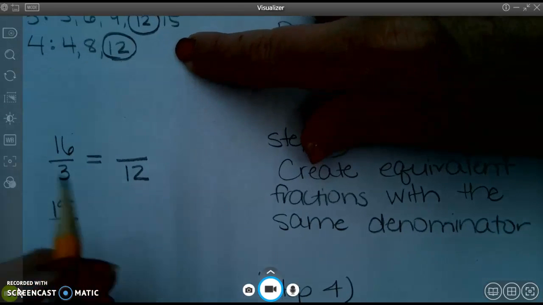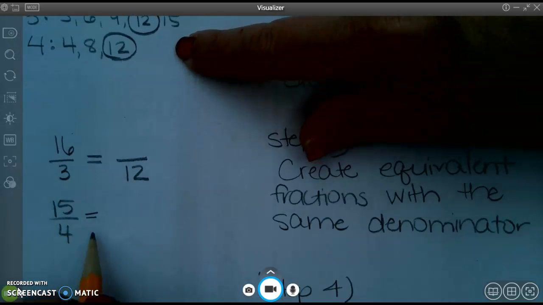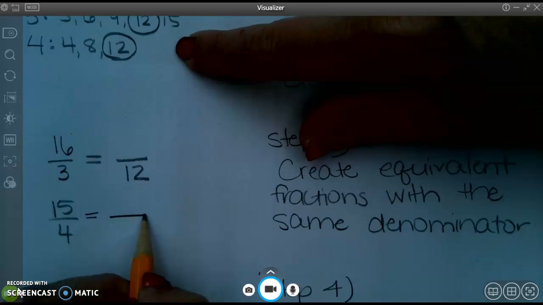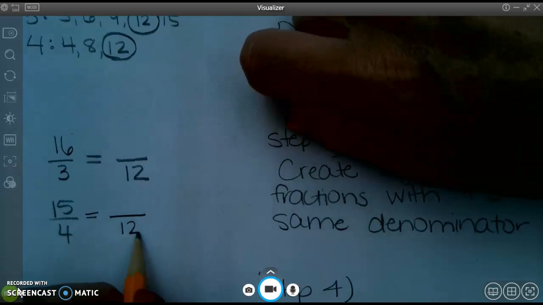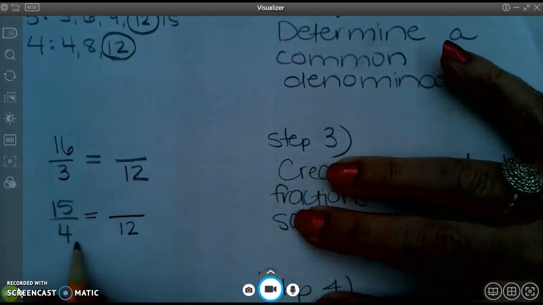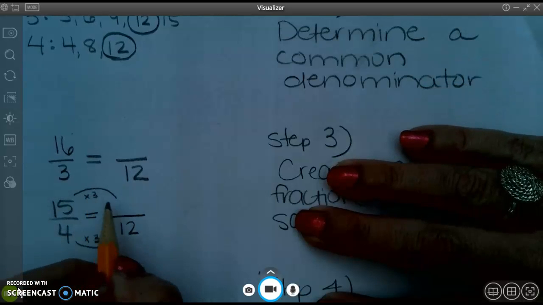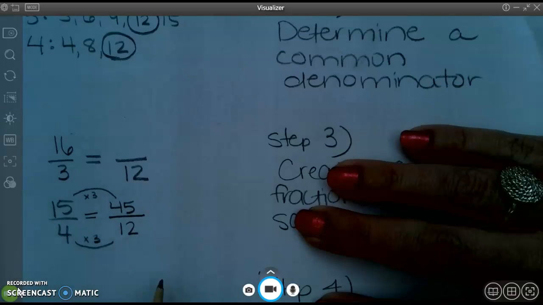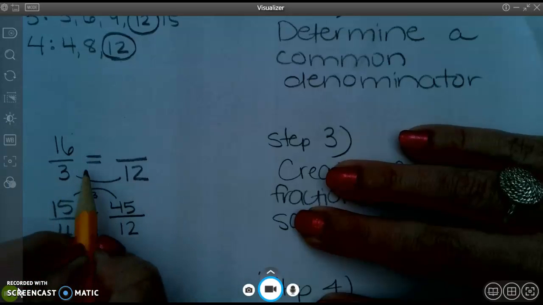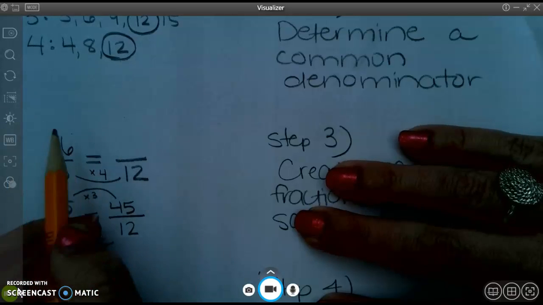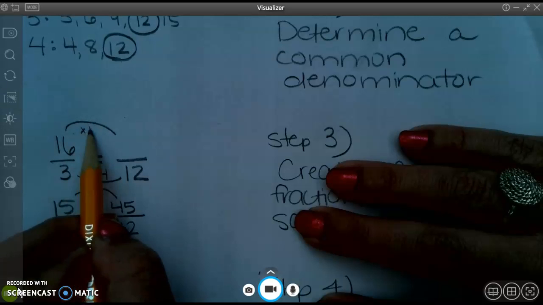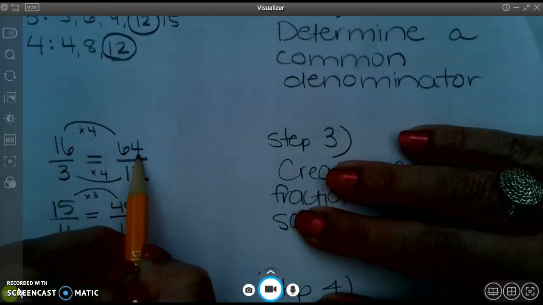I'm going to do the same thing here. I'm going to set this fraction, 15/4, equal to a fraction with 12 as the denominator. Alright, so I know 4 times 3 is 12, so I'm going to do 15 times 3, which is 45. I know 3 times 4 is 12, so 16 times 4 is 64.